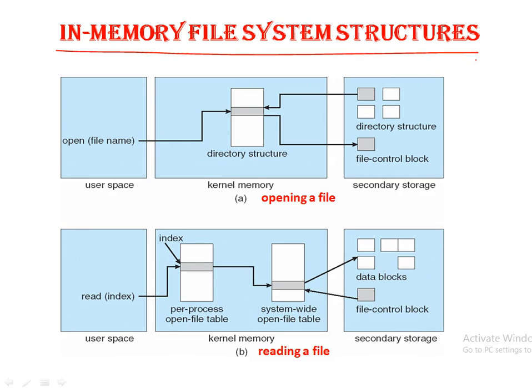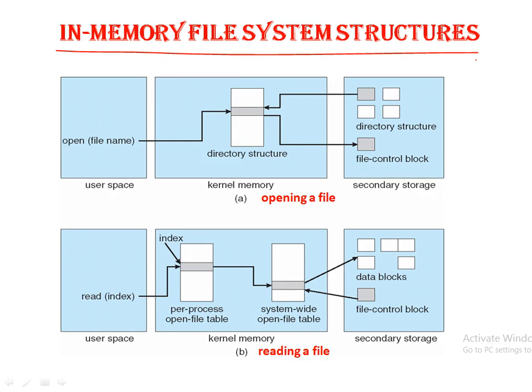The in-memory file system structure information is used for both file system management and performance improvement via caching. The data are loaded at mount time, updated during file system operations, and discarded at dismount. Several types of structures may be included.